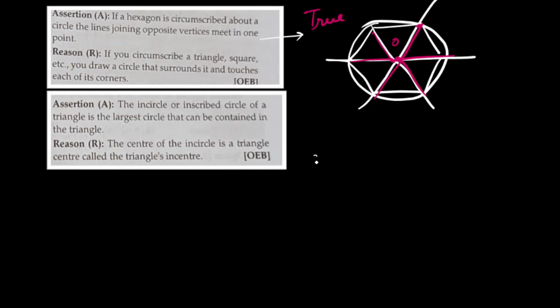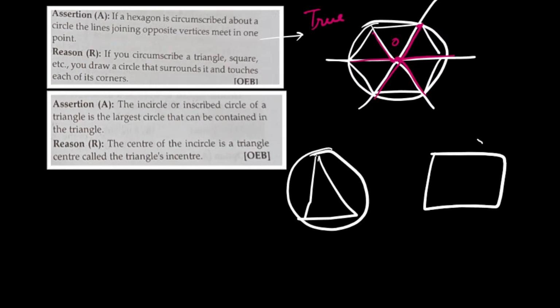They are telling if you are drawing a circle circumscribing a triangle, it will be like this. Square, if you are drawing, it will be like this. So it's telling you draw a circle that surrounds it, that is true, and touches each of its corners. So we have already done this.